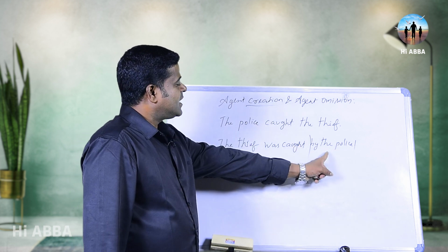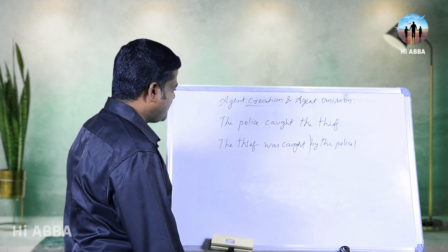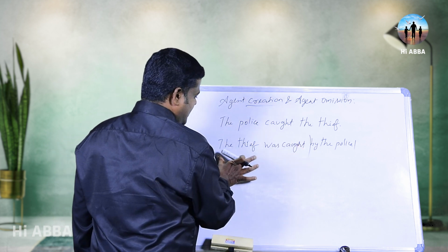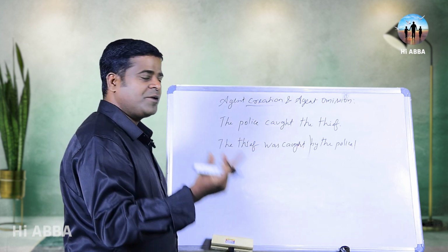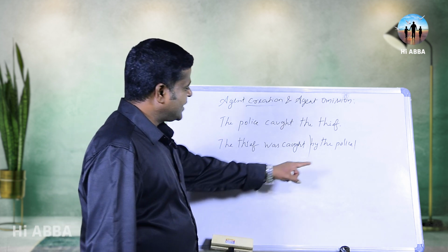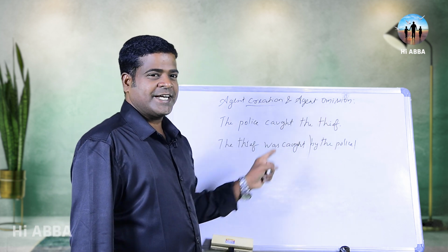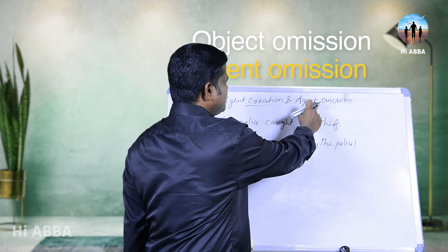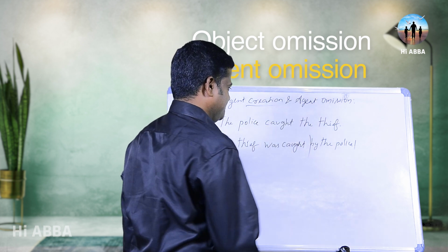So those objects can be omitted, because the sentence itself will give the meaning. Therefore that object is omitted. That is called object omission or agent omission.